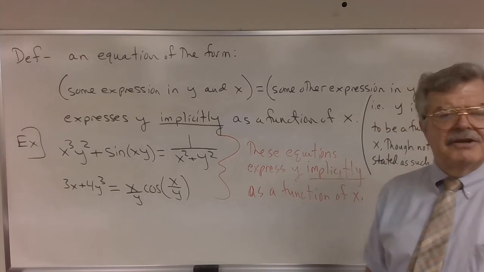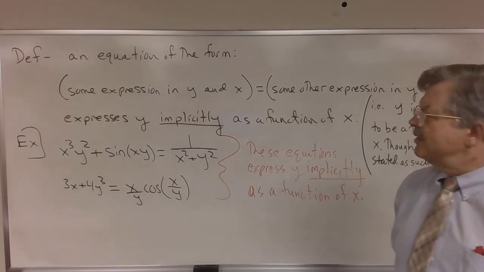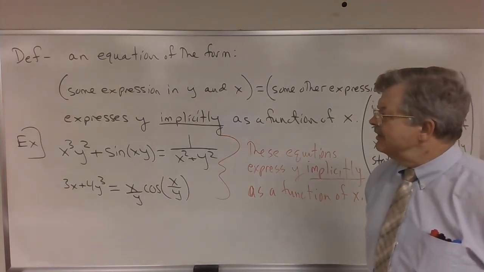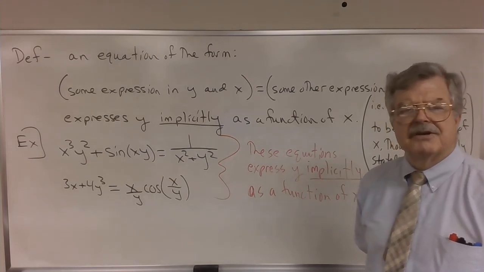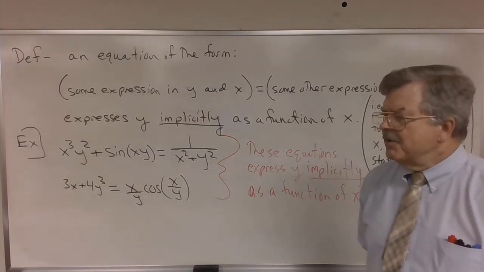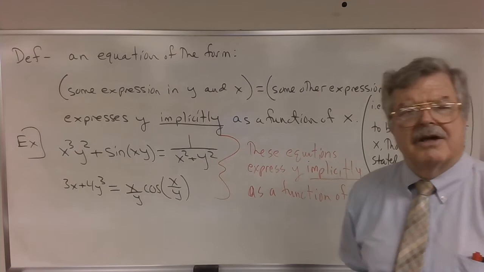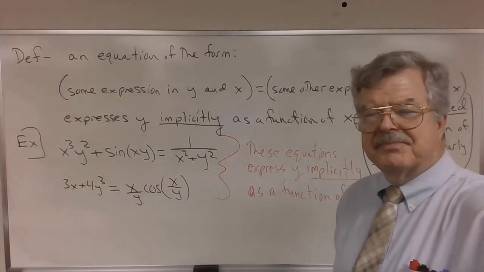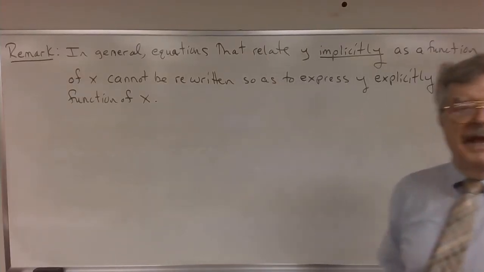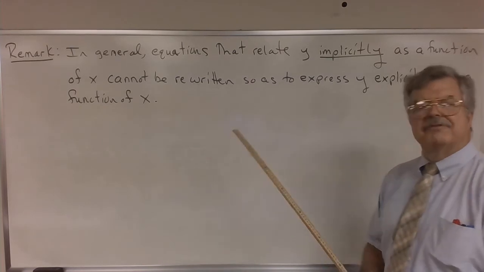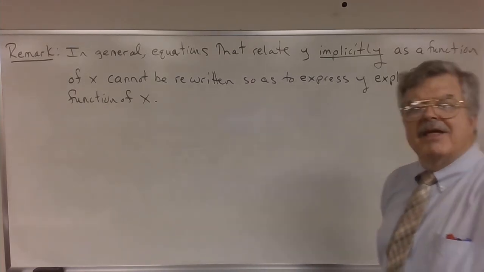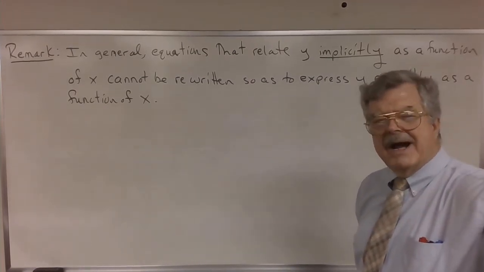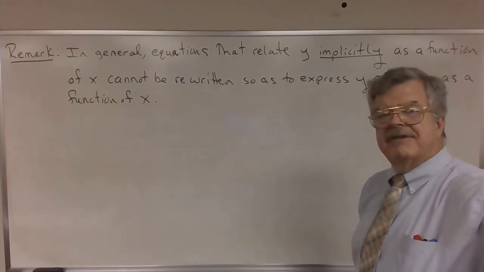And that leads us to another truth about equations that express y implicitly as a function of x. I'm going to write that observation on the board now. Okay, here's an important observation about equations that relate y implicitly as a function of x.